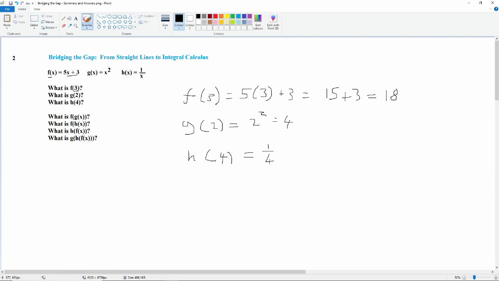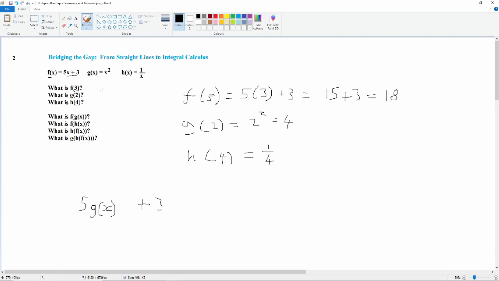And now we've got some nested functions here. So what is f of g of x? Alright, so f is 5 times x plus 3. But we know x is g of x, so that's 5 times g of x plus 3.